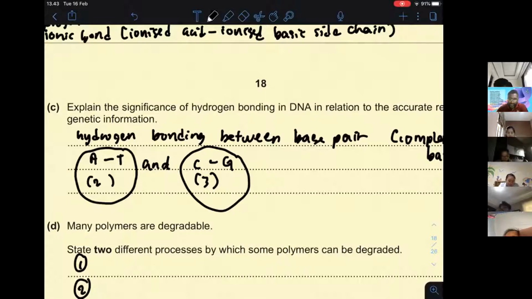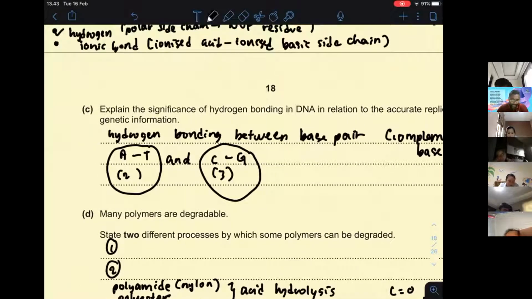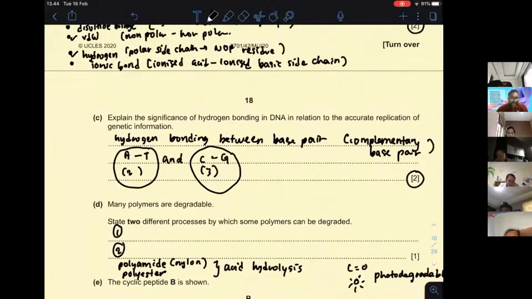So what are the marks? The marks are given for hydrogen bonding between the base pair. And if you mention A to T and then C to G, then you will get another 1 more mark. So complete 2 marks.